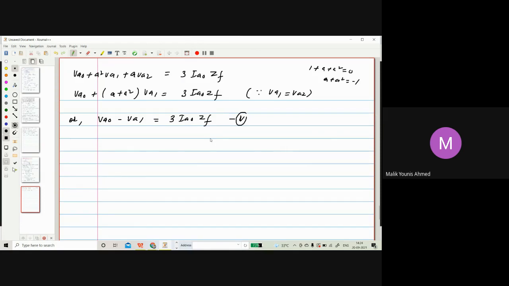Substituting the values of VA1 and VA0 in equation 5.